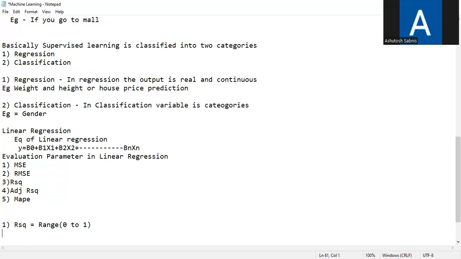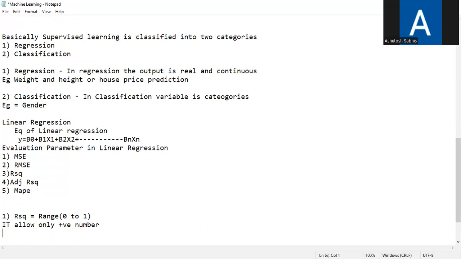R square has a square, so it allows only positive numbers. And the last one I will write here, and this is the most important point: higher the R square, better is your model. This is the most important step, so I have written it here. Please remember it.